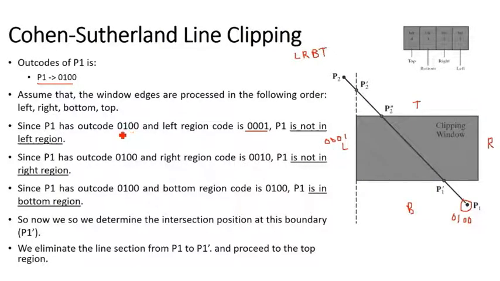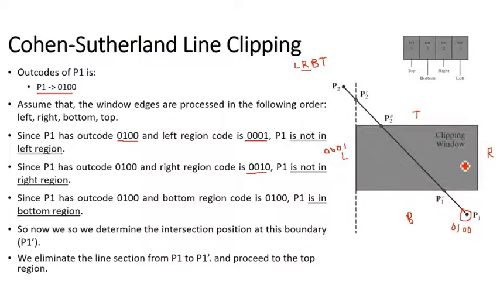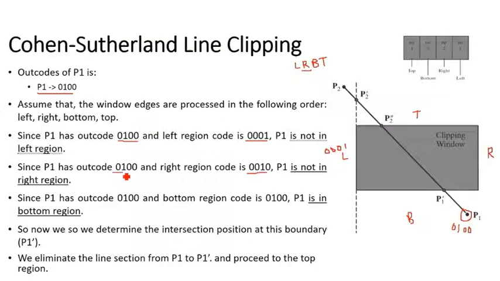Since it is false, P1 is not in the left region. Then I take P1 and go to my next region, that is right region. I take the right region's outcode and perform AND operation, and I figure that P1 is not in the right region because the AND operation gives me false.